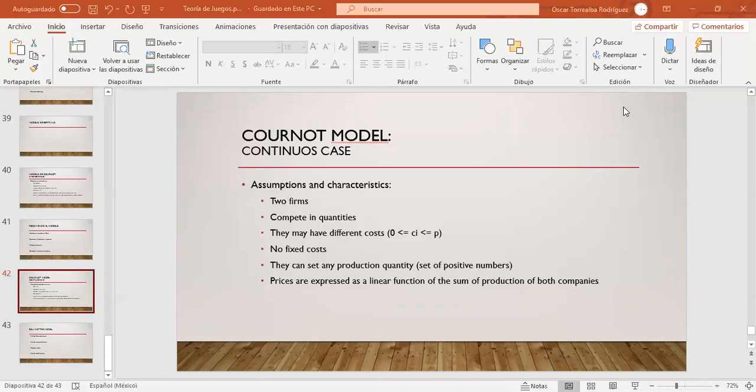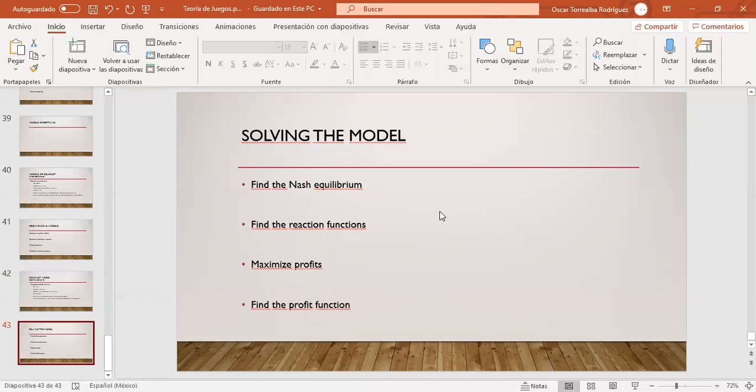And also we have to set the strategy, the way in which we have to proceed to solve the model. So remember, our main objective or main target in this model is to find the Nash equilibrium. So first of all, we want to find this Nash equilibrium.